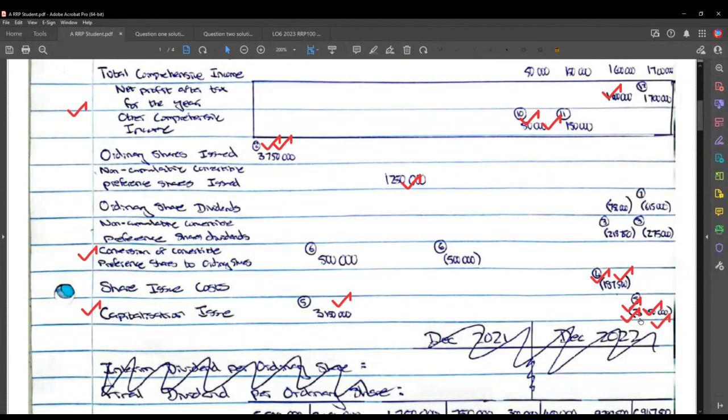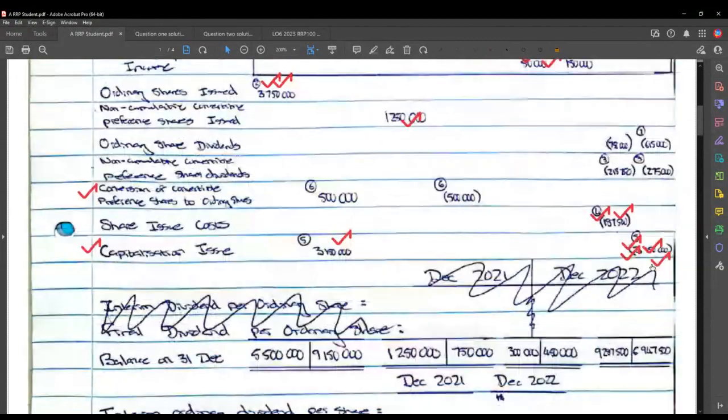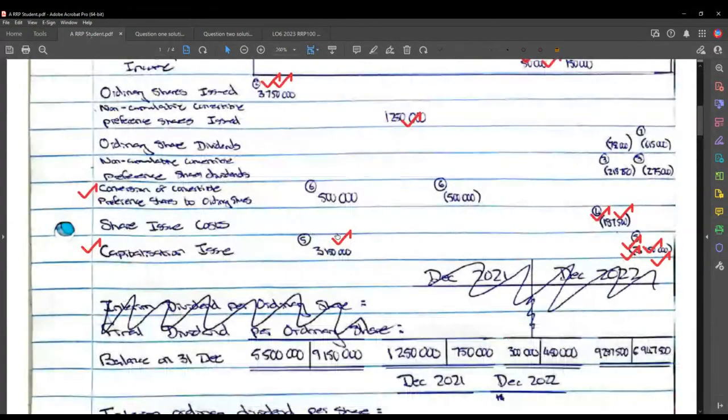So if you're marking yours and you see, oh, I didn't actually get 3.150 million, you can still then actually award yourself a half mark if you correctly added it to this ordinary share capital. Right. So the student got four half marks there, one half mark there. Then the next transaction is going to be the conversion.